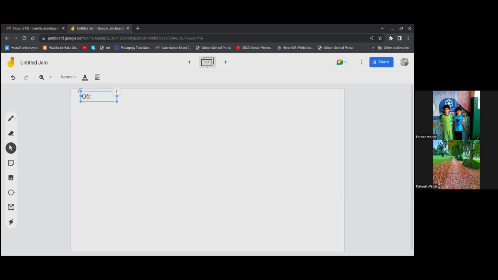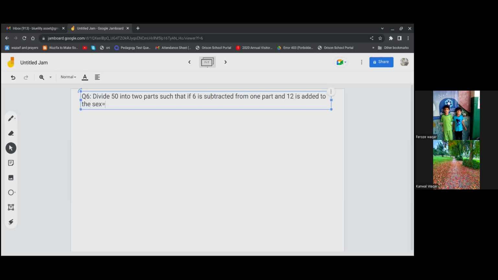In this question, divide 50 into 2 parts such that if 6 is subtracted from one part and 12 is added to the second part, we get the same number.